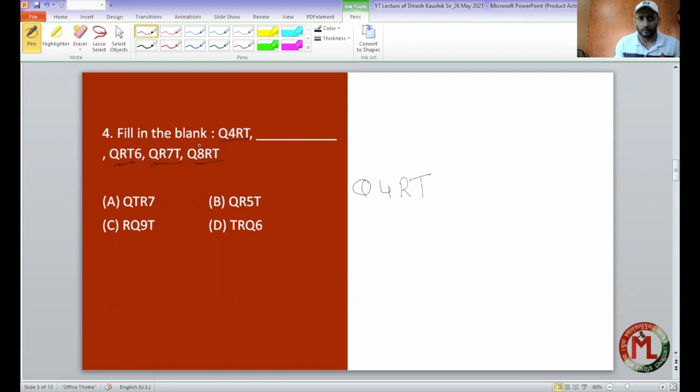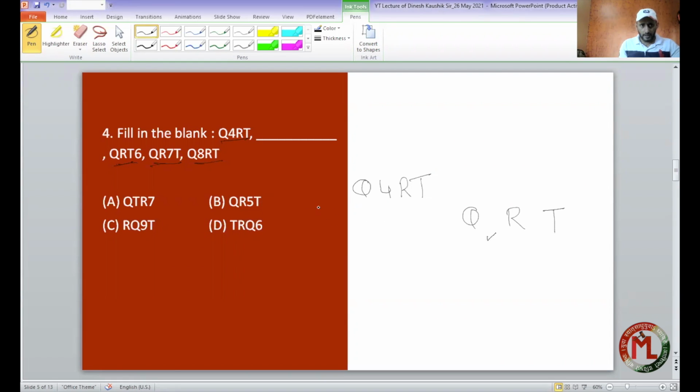QRT, QRT, QRT. So their order will be the same. Q, R, T. They are in the same order. But some numbers are also inserted. In the first case, in the first Q4RT, we are provided with a number at this position.